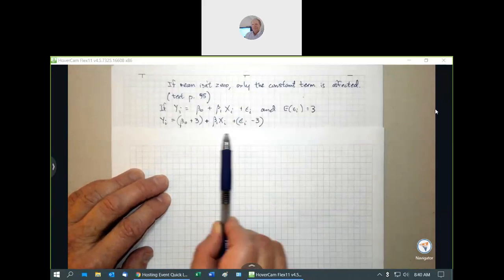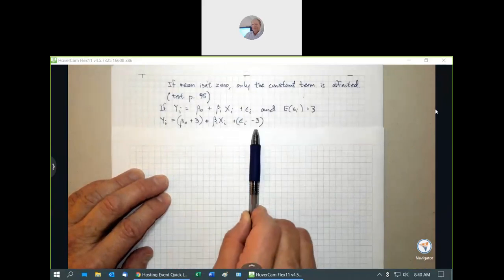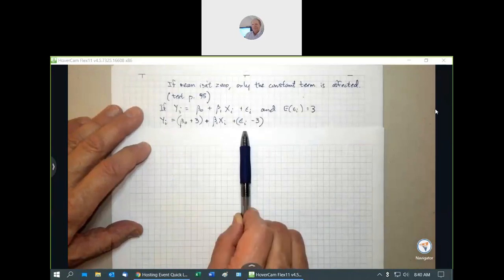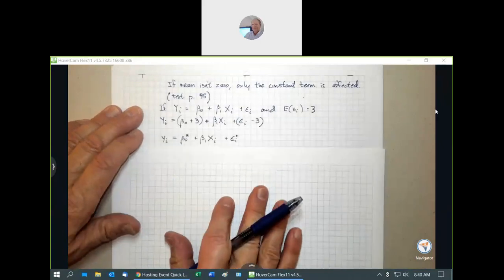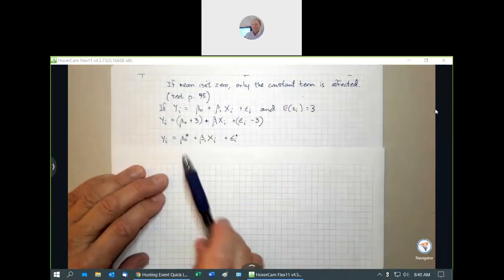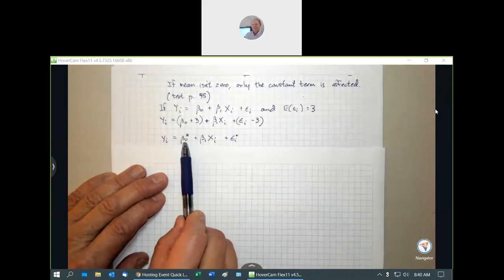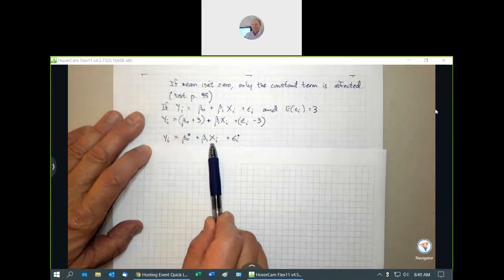Algebra tells us we can add and subtract the same constant from a side of an equation and leave that expression unchanged, so we know that this is a true statement. But wait, look at this. That says that our constant term, as this equation is now rewritten, is a messed up form of beta 0 called beta 0 star, and then plus beta 1 times x i.